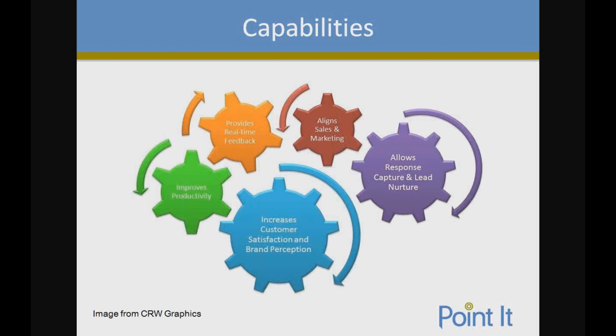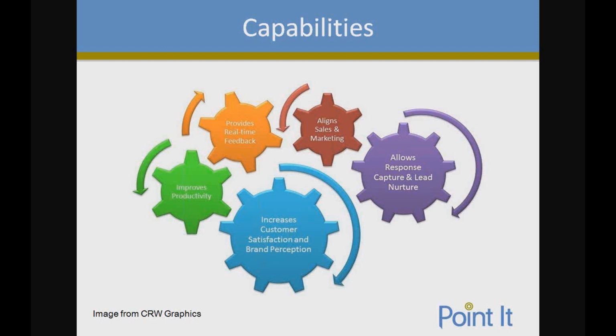Now for me, I'm a really graphical person. I really like to show things in picture form, so I wanted to show you this as another way to talk about those capabilities that marketing automation has and what it really does. So starting in the top with that red gear, marketing automation helps align sales and marketing.